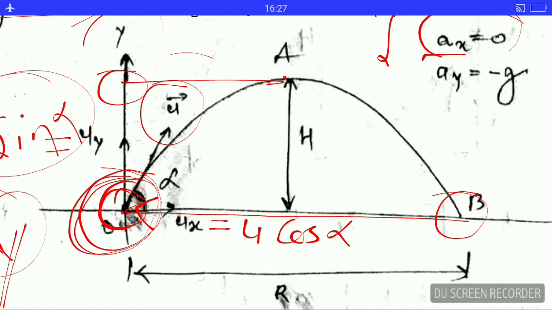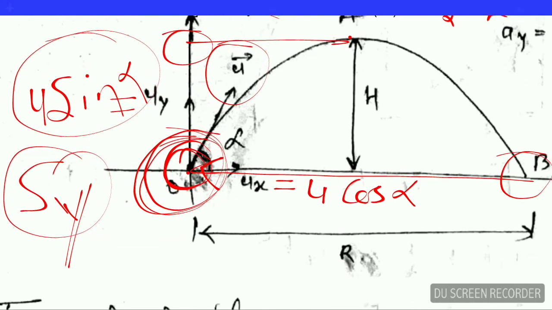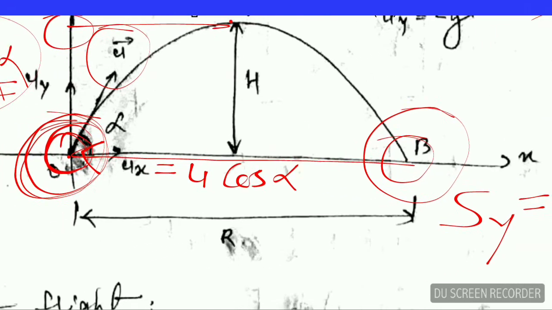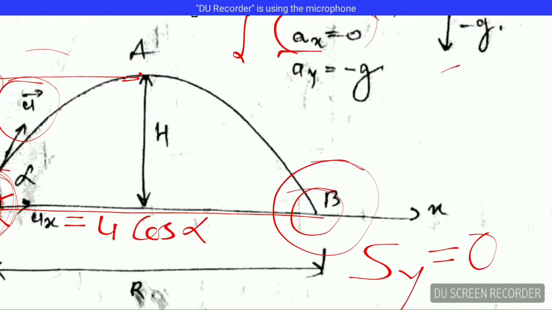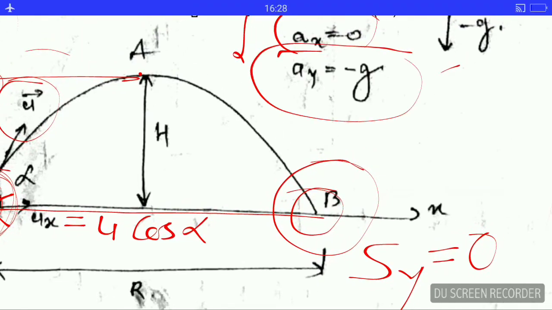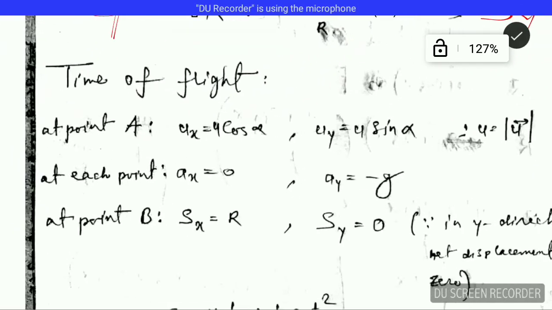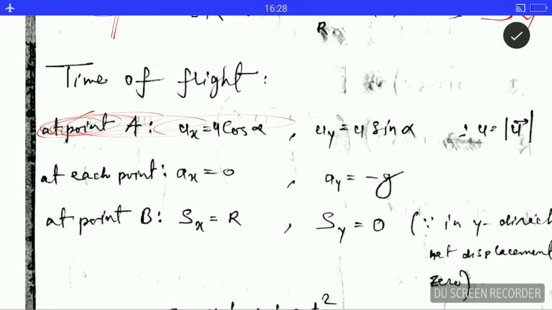That means the particle in the y direction went above the ground and came again to the ground, so its y component of the displacement is 0. That is why at point B, y equals 0. And acceleration at all times during the motion will be minus g. You don't look at this point, this is written by mistake.